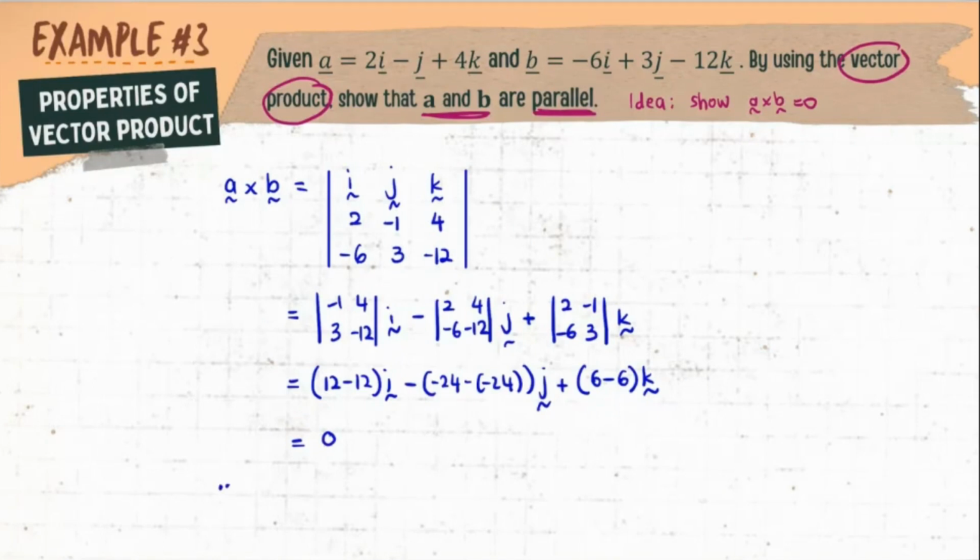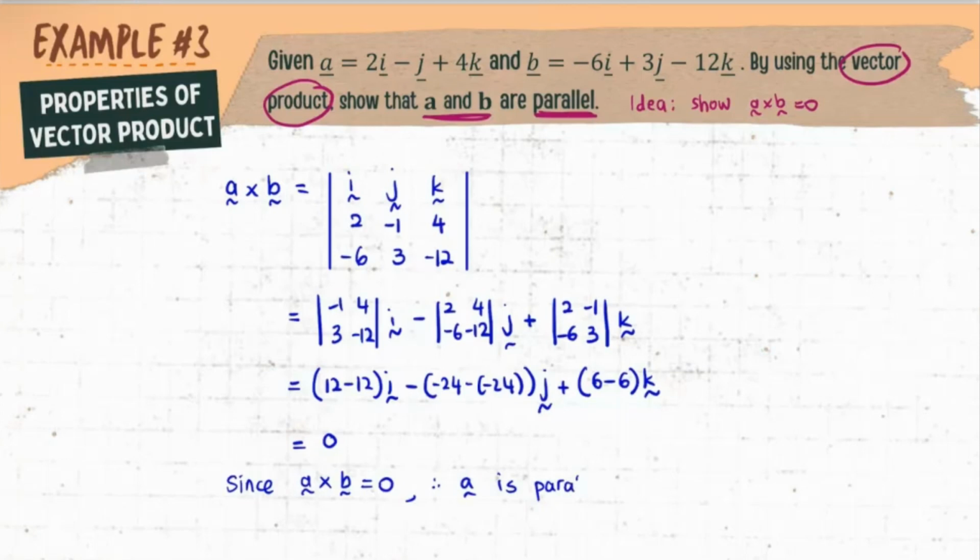So don't forget, kena conclude since A cross B is equals to 0, therefore A is parallel to vector B. Settle. Conclusion ni kena state. Dia ada markah untuk conclusion. Okay, simple je. Untuk show parallel, kita A cross B samakan dengan kosong. Okay, kita kena aim dapatkan dia kosong. Okay, this one simple kan?